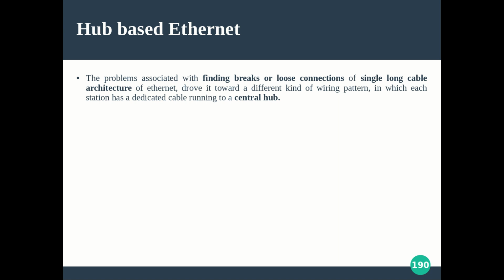If you look at the normal classic Ethernet based on the bus topology, this is a typical problem that we are facing. If there is any cable break, how can we find where that break actually happened? A failure at some point of that single shared bus can disturb the entire system, and similarly loose connections.